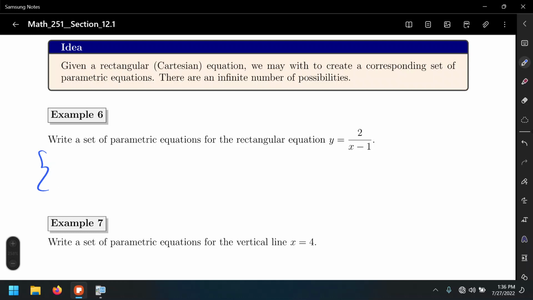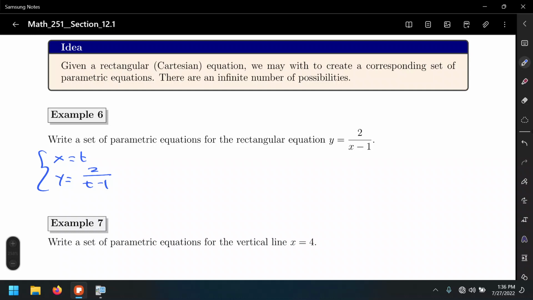Let's write the system. Well, you can simply say x equals t, and y will be, replacing x with t, 2 over t minus 1. So now everything is in terms of t. I think this is the simplest way to write a set of parametric equations. But there are other ways.